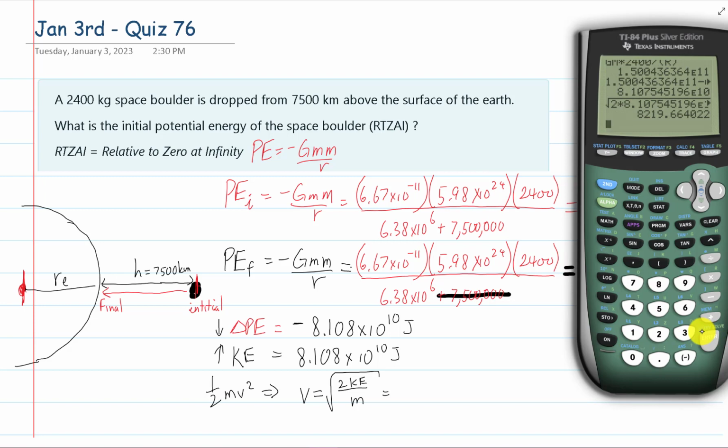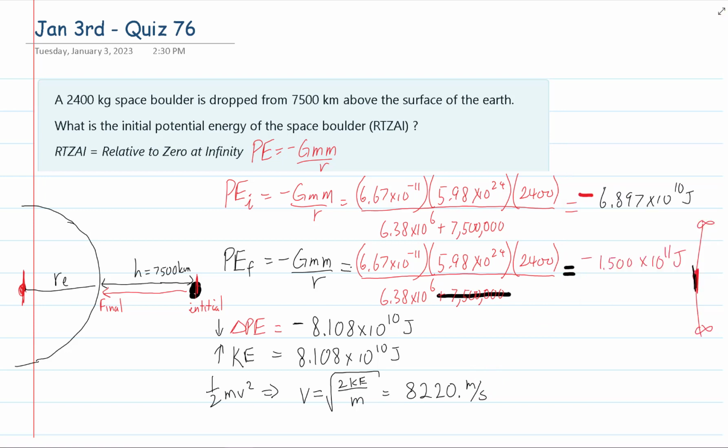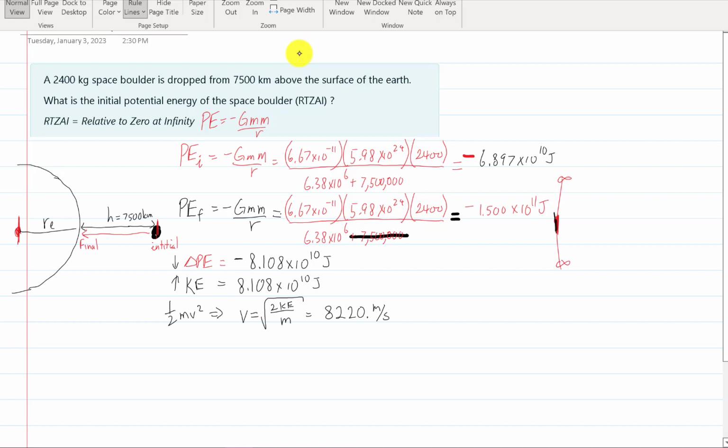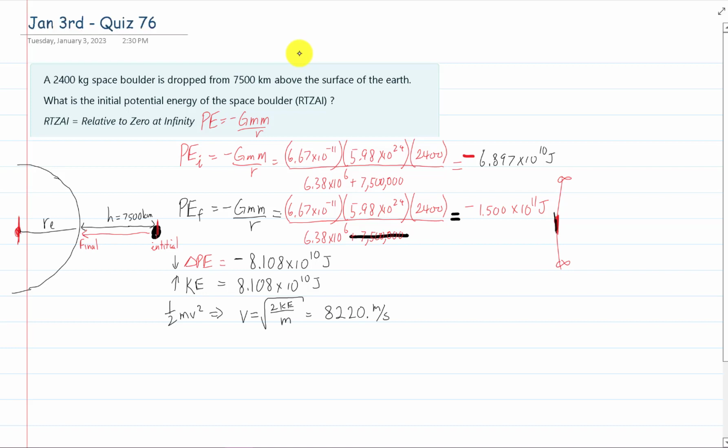So I get a nice, good landing speed of 8,220 meters per second. Okay, zoom out a bit so I could do my second part of this question. So this was my answer to A, and that's B, that'd be C, D.